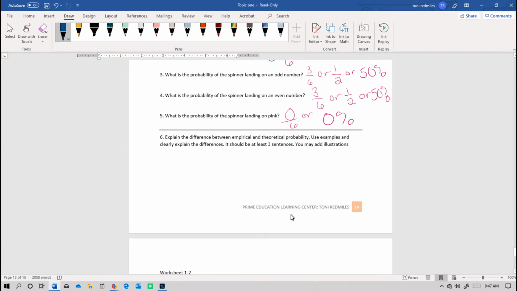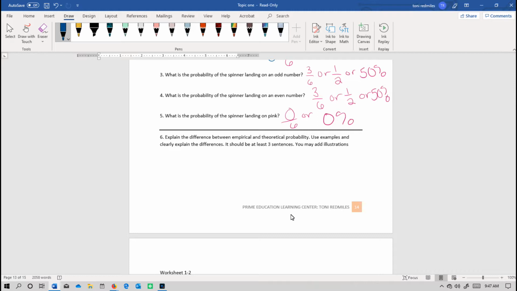Now, I didn't give an answer for number 6 because answers will vary, so I'm just going to talk about some differences between empirical and theoretical probability. Make sure you have these in your notes, something to this effect.